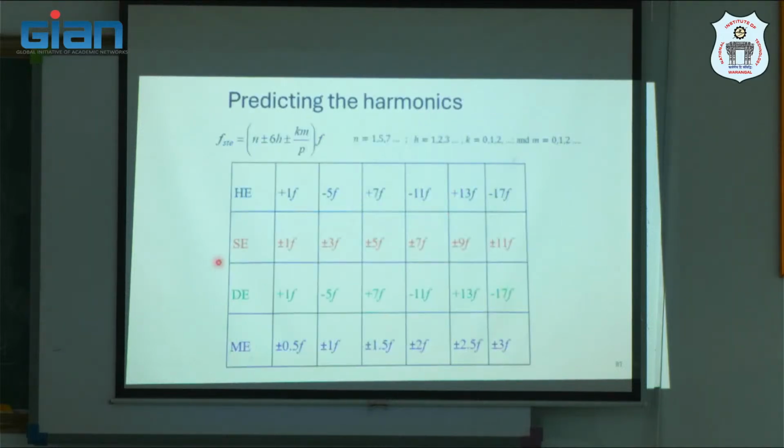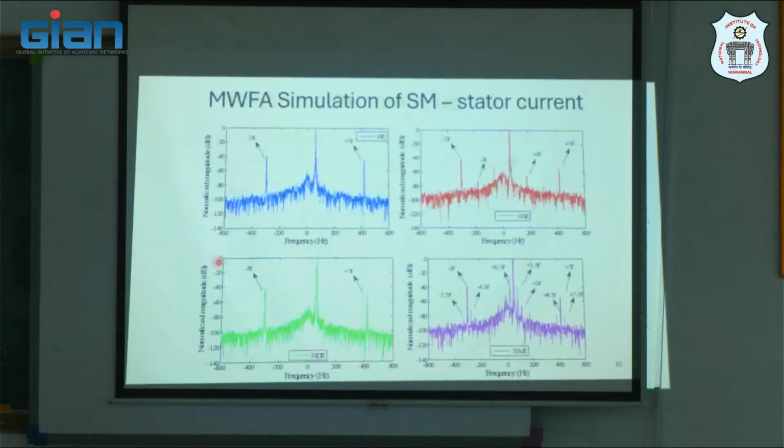Healthy condition results in certain frequencies, then static, dynamic, mixed. I just for consistency use HE rather than H, so HE means healthy. So we can see the frequency spectrum like that. This is how we have to theoretically expect what fault would introduce what components.